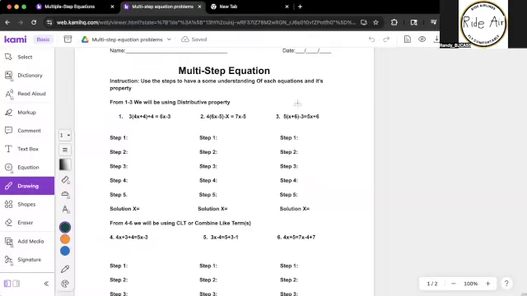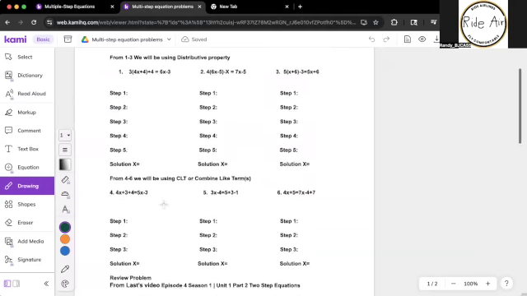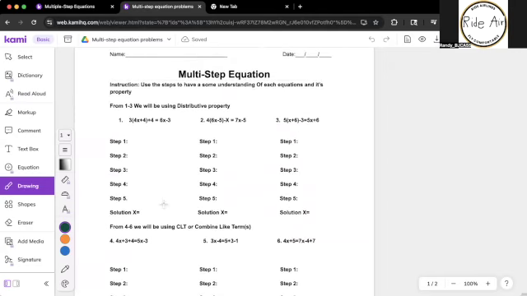While the other 2 questions, you're going to have to do on your own. For question number 1, we're going to write it down, while for question number 4, we're not going to write it down. So now we're going to try.